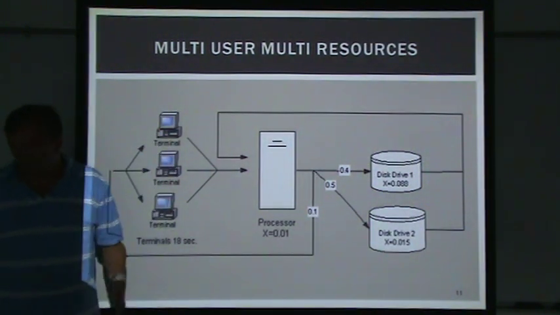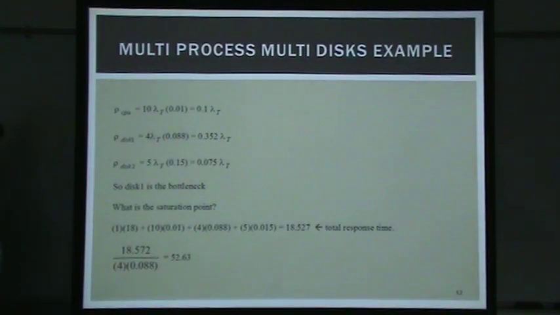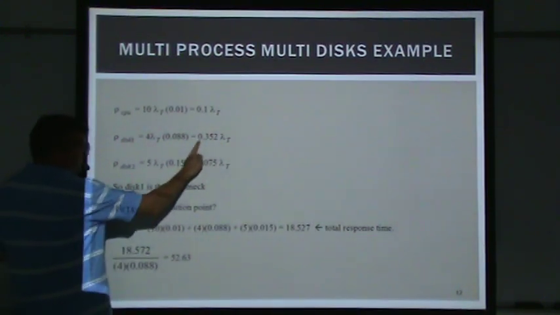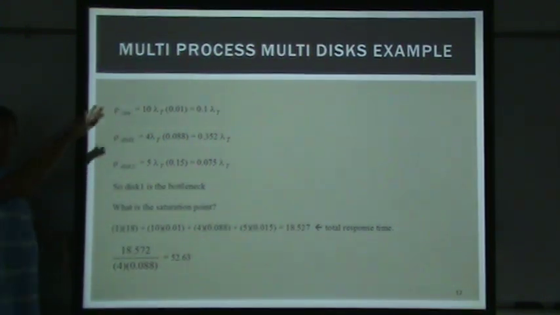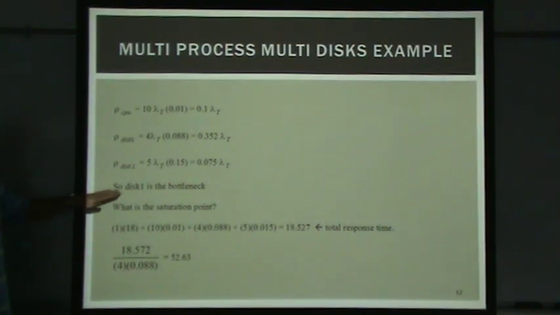We can't add any more. In this case, because disk drive 1 is the one that will get to 100% the quickest, that device is called the bottleneck device. And then the question is, how much work would we have to give it so that it hits 100%? And that's it. We can't add more work to this system.